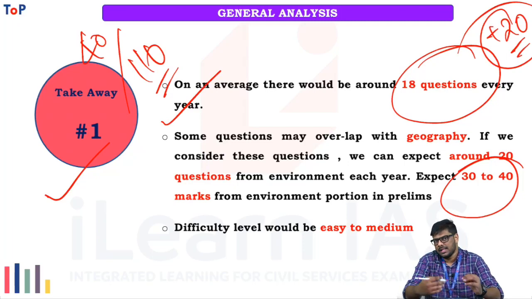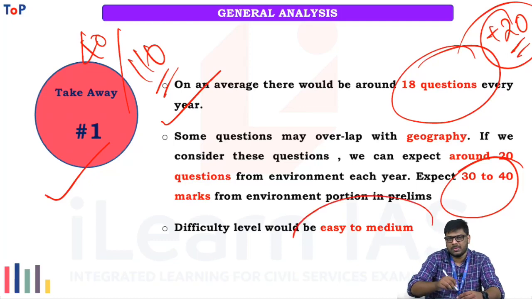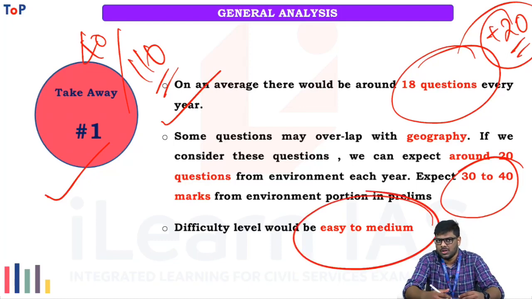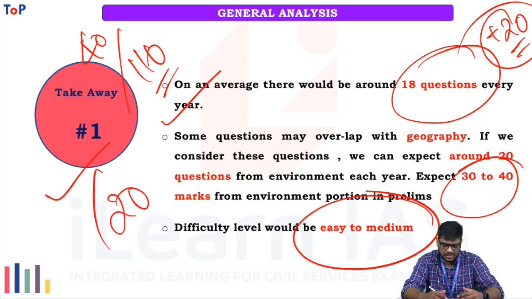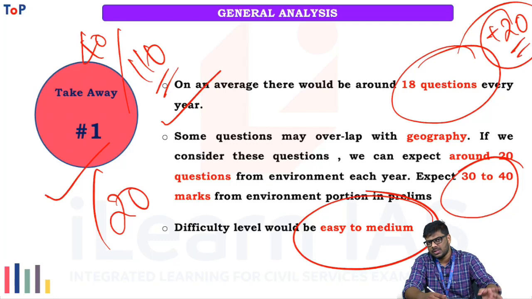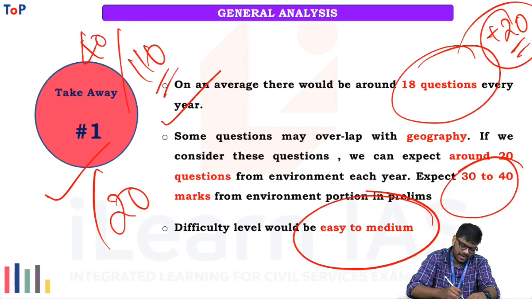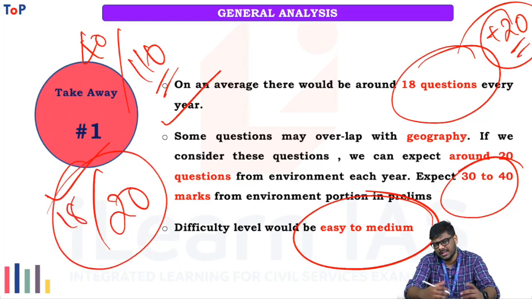There would be around 30 to 40 marks of questions in environment portions alone, and that too from easy to medium difficulty level. So if you consider the 20 questions which would be asked in a single year, since the questions are easy to medium to answer, you can get 18 or 19 questions correct every year if you invest your time judiciously and efficiently in the environment topic. Look at this graph.